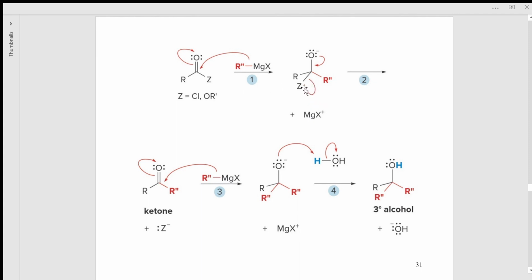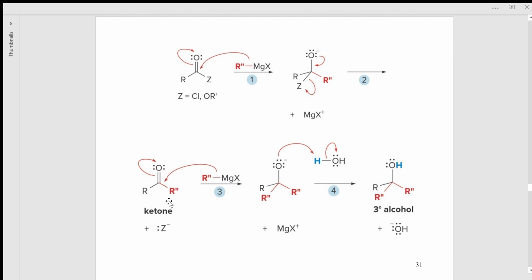Remember, the second group, the Z, can serve as the leaving group. Because the whole molecule has a negative charge, it is going to try its best to get rid of the negative charge. The way it can do this is to form a ketone, a new functional group, a carbon-oxygen double bond here. When it does this, the Z group leaves, and a ketone molecule forms.